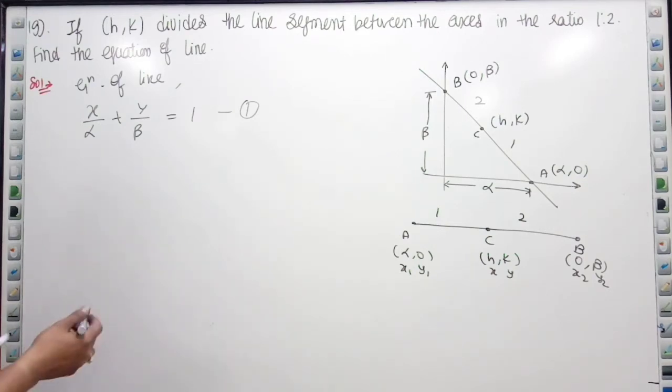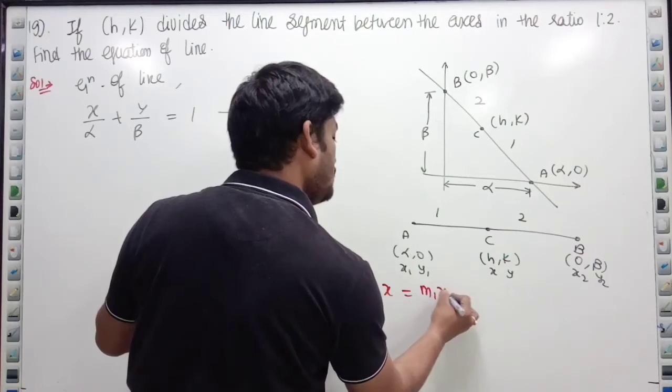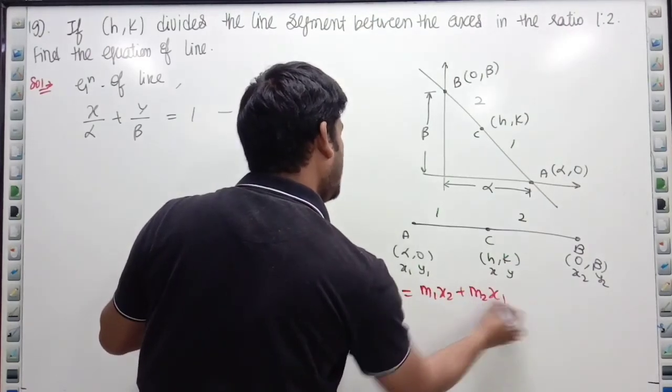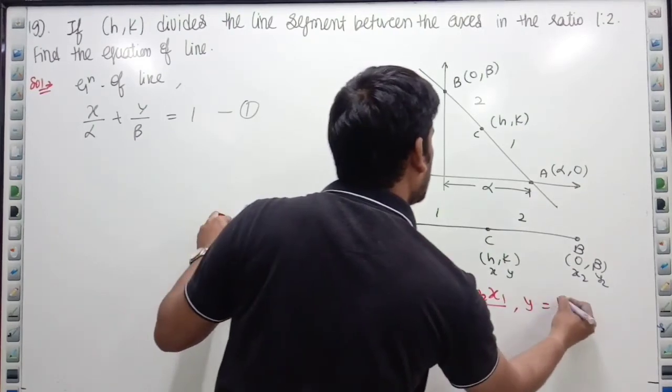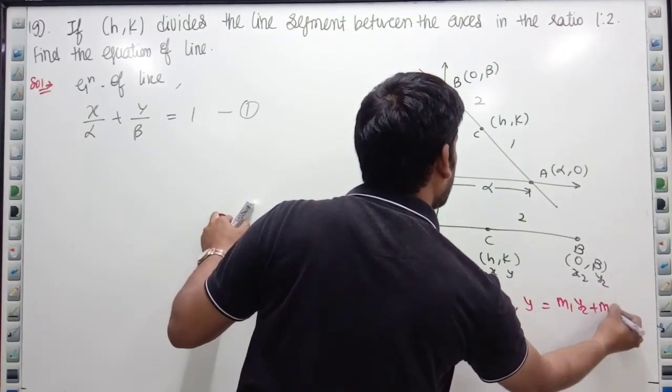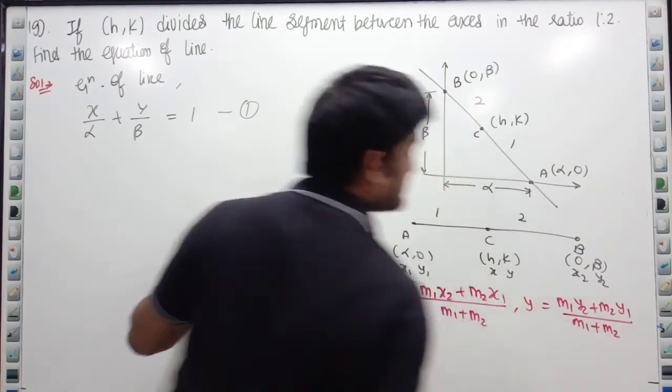Now I am applying the section formula. Can I write x equal to (m1 x2 plus m2 x1) upon (m1 plus m2), y equal to (m1 y2 plus m2 y1) upon (m1 plus m2).